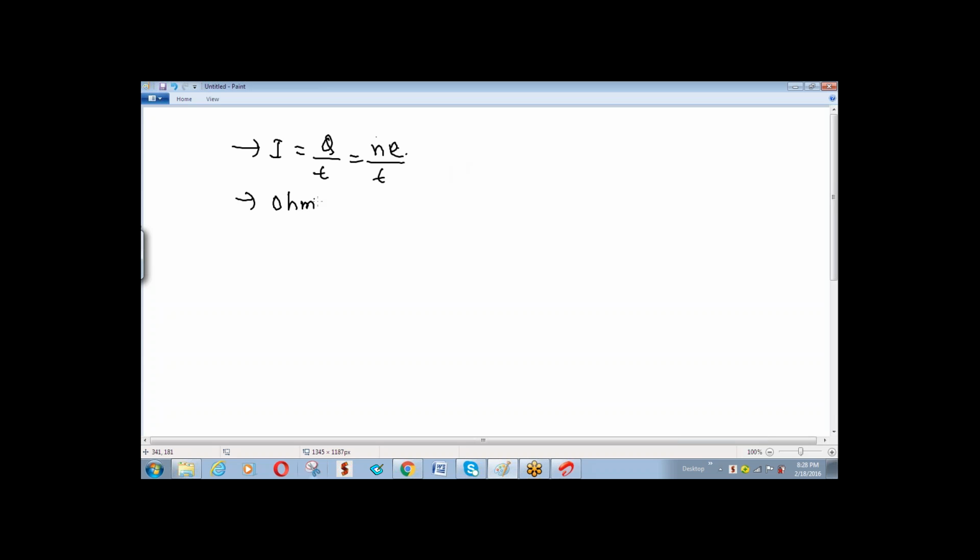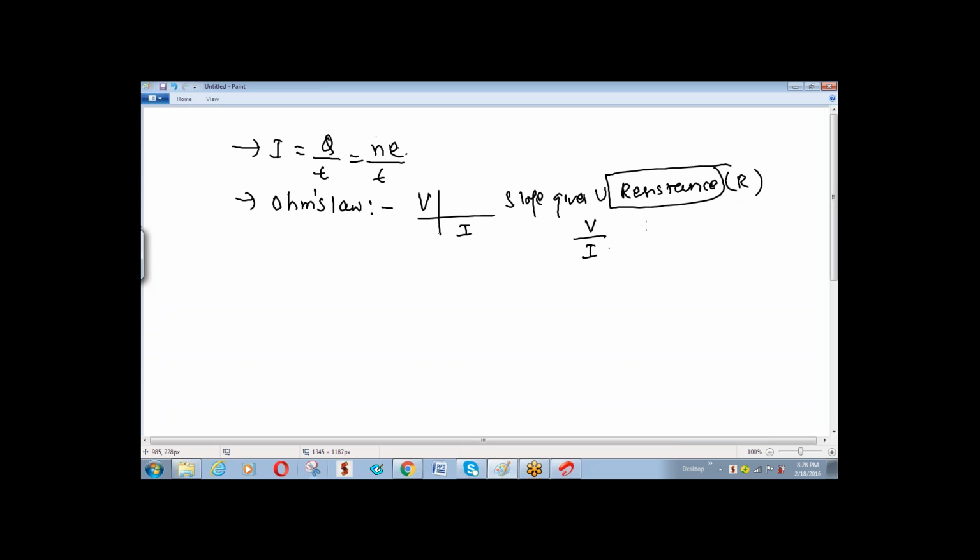Then I moved to Ohm's law, which is important for competitive exam graph type questions. I told you that in the V versus I graph, the slope gives you resistance, which is represented by R. So V by I is equal to R, and R is a constant.